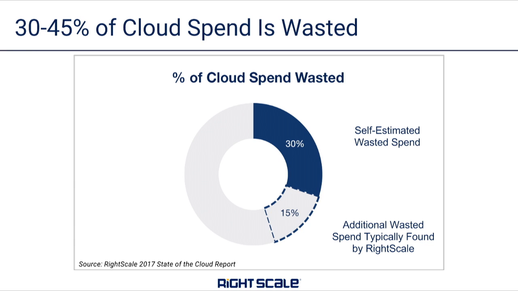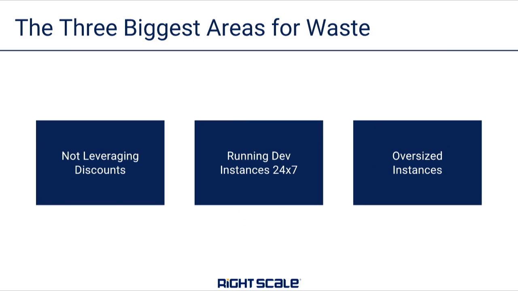So it's pretty clear, everyone agrees there is a lot of waste, and that also means there's a lot of opportunity. So I wanted to share with you today, from RightScale's perspective in the field, 3 of the biggest areas that we see that are waste out there and that are also opportunities for savings. And they focus around these 3 areas. One is not taking advantage of discount structures that are available.